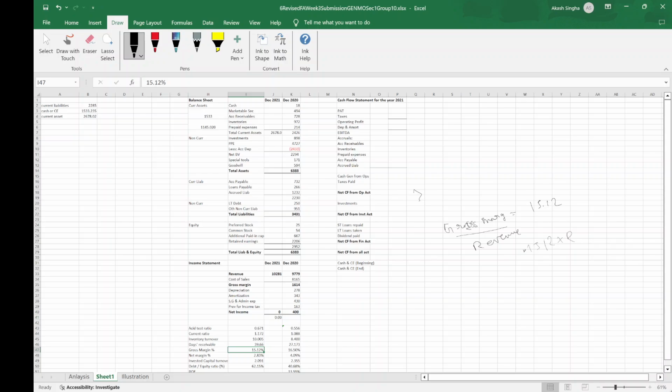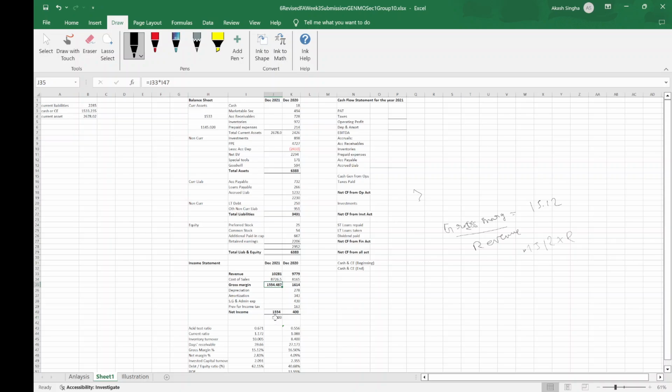Okay, so where's my calculator? Okay, let's multiply here only. So this should be this into 1554. So cost of goods sold should be this minus this, right?